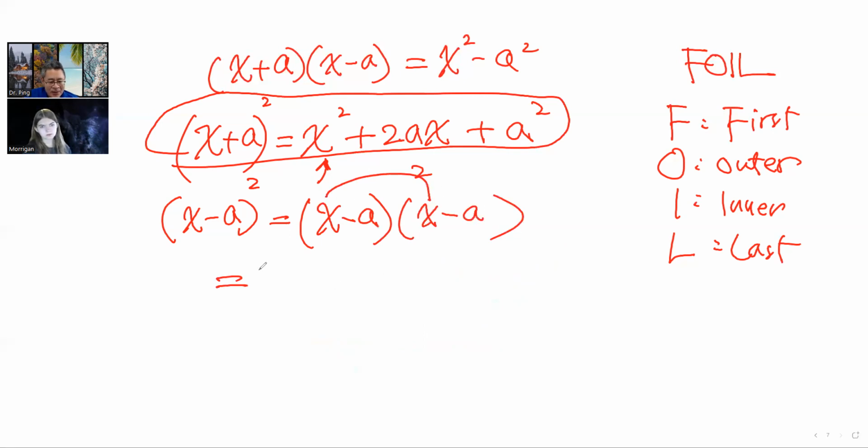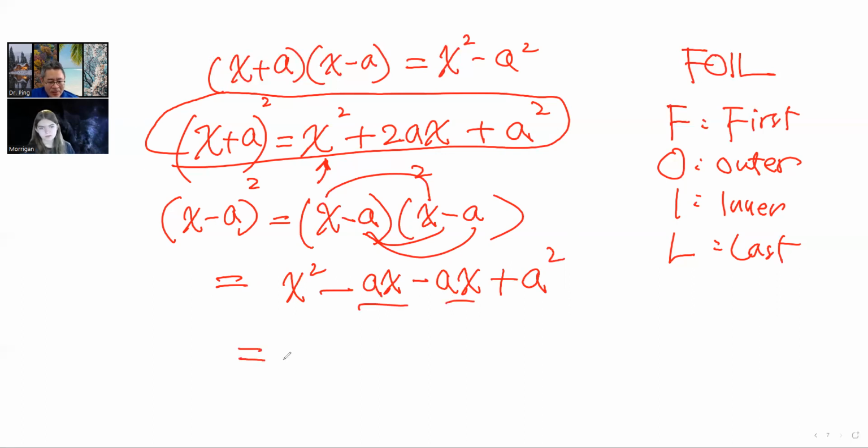X times x, x squared, then x times negative a, minus ax. Then that times that is minus ax. Then that times that is a squared. And then we can combine this term, which is x squared minus 2ax plus a squared.